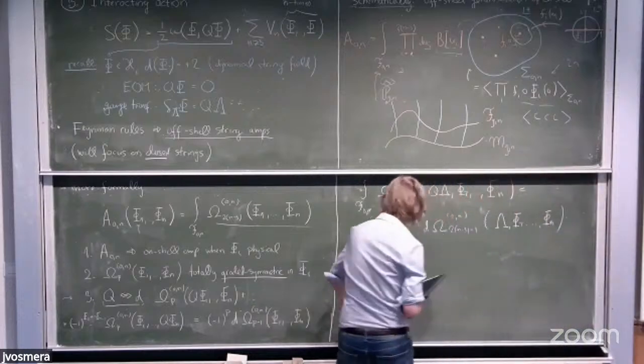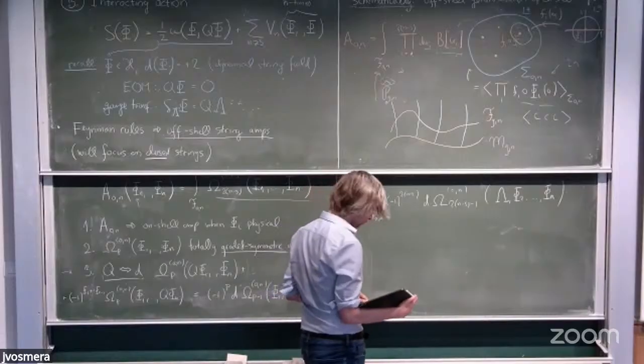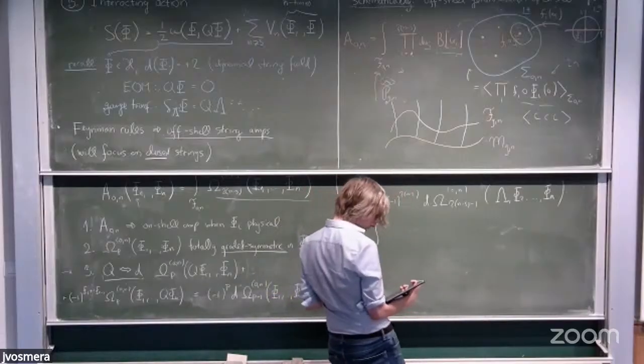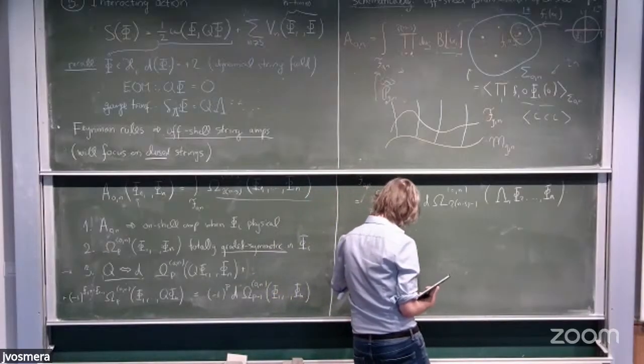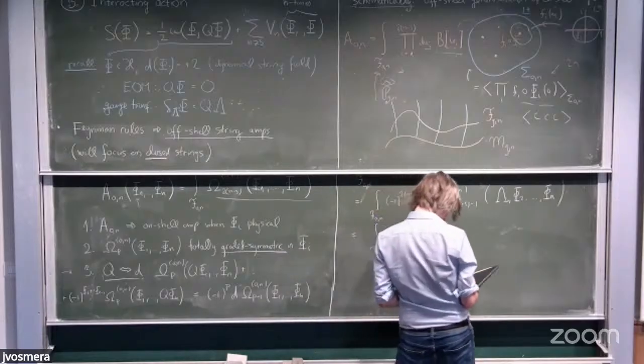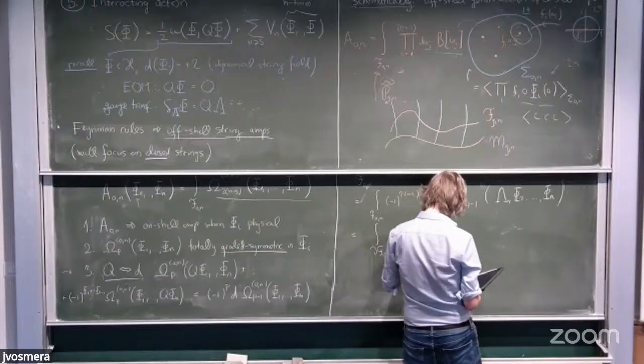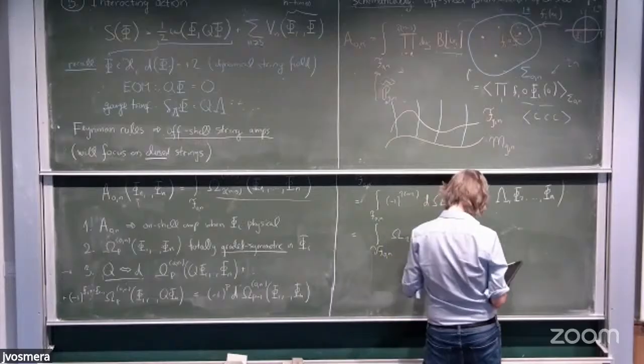So we got something which is exact inside the integral, so we can use the Stokes theorem to rewrite it as an integral over the boundary of the space M0n. So now you have to think what the boundary of this space looks like.